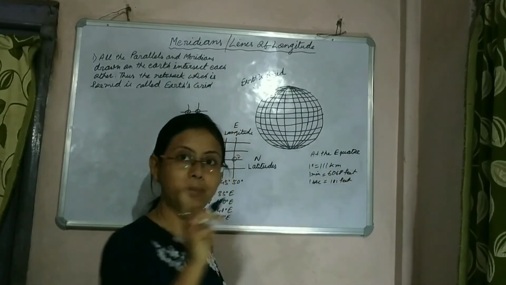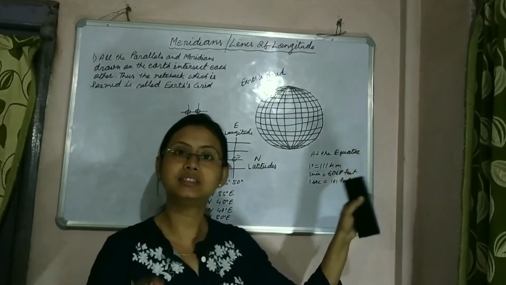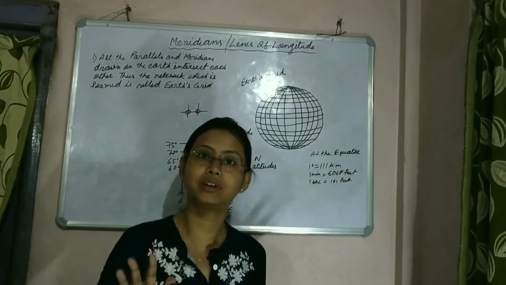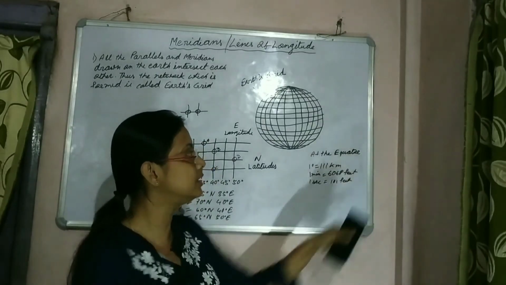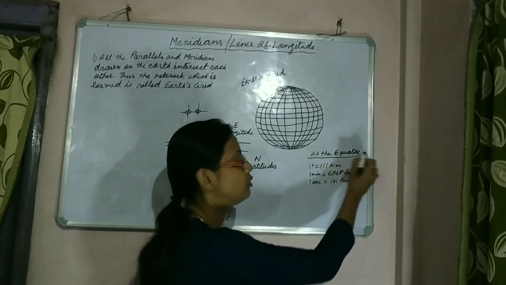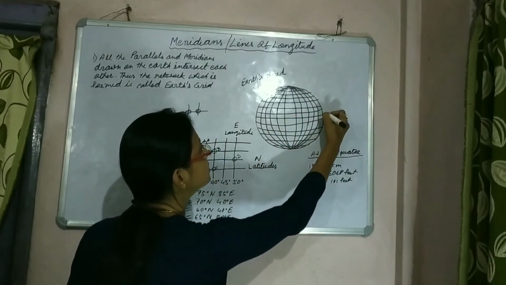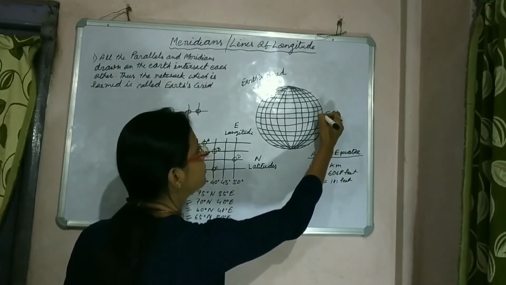Just like between parallels, this distance is found at the equator. Suppose this is the equator, the 0 degree parallel, this line.